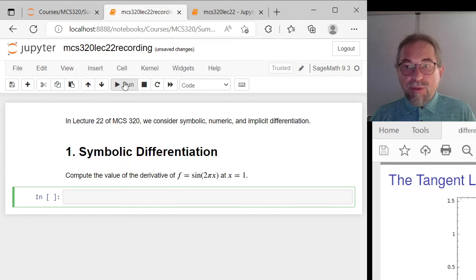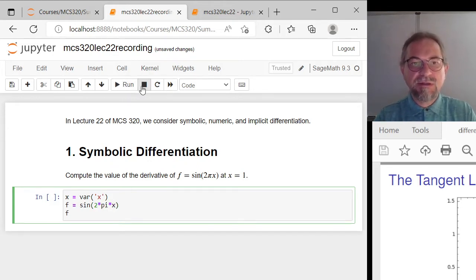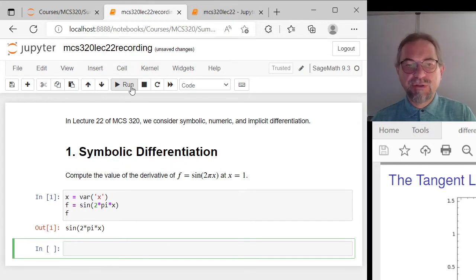So the variable x is by default defined, but let me define it anyway. So I will work then with expressions. So 2 times pi times x. So this is an expression which depends on x.